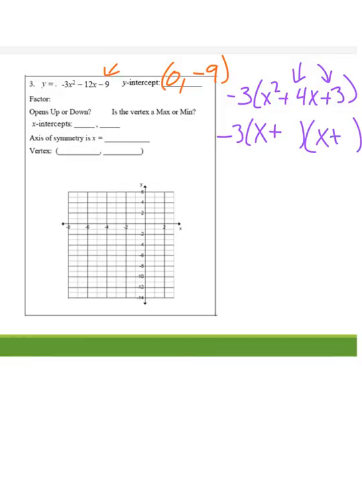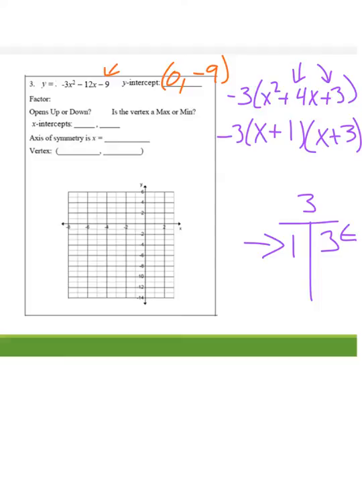So if I was to make a t-chart, probably wouldn't have to do it for this problem, but when in doubt, always make a chart. So list all the numbers that you can multiply to get to 3. In this case, it's only 1 and 3. And then if there were more, you would test out to see which ones add up going across to get you that middle term, in this case 4. So my numbers are 1 and 3 because that's the only factors here.